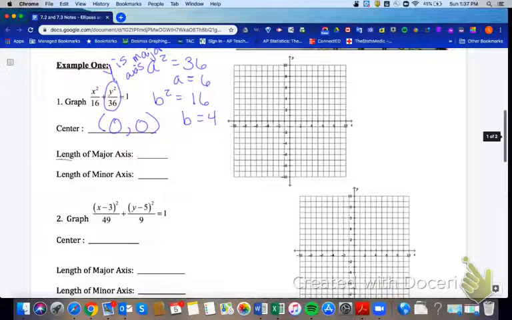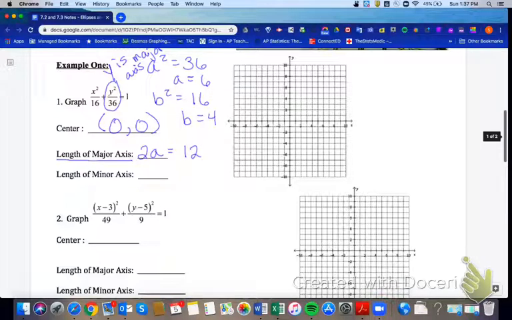To get the total length of the major axis, well, since the center to the vertex is a units, you're going a units to the first vertex, but you're also going a units to the other vertex. So the length of the major axis is 2 times a. Well, in this case, 2 times 6 gives us 12.